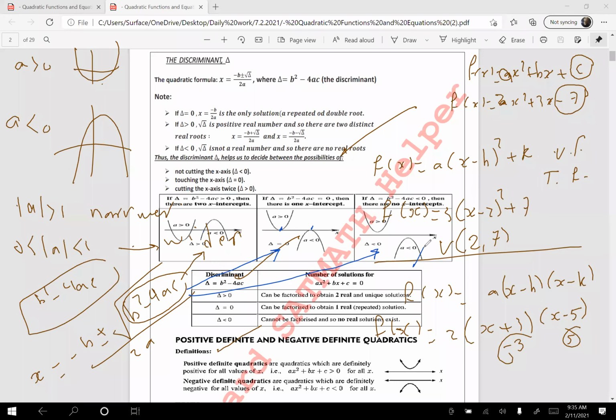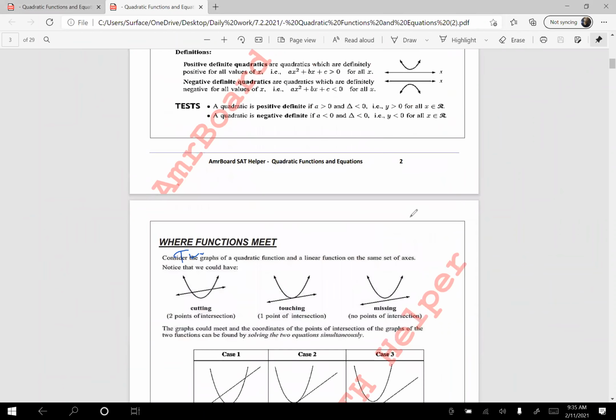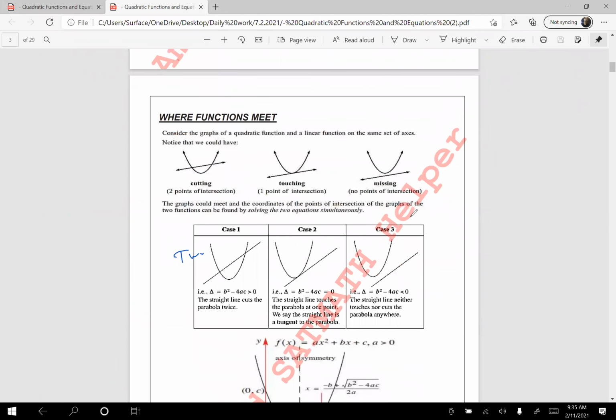Okay? To be clear, there are 2 solutions here, this is 1 or 2 equal solutions because the discriminant is 0, and this is no x-intercept. Okay? Here are the intersections, or the roots or solutions, between the linear and the quadratic.